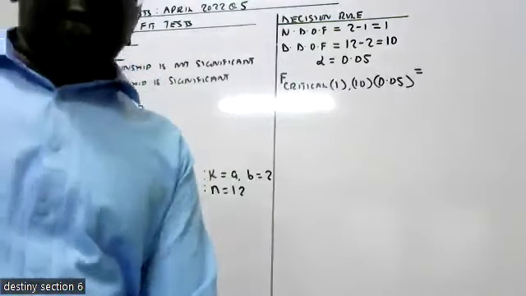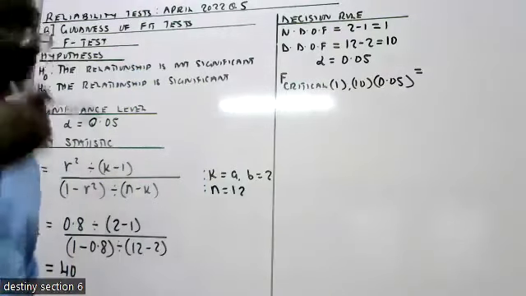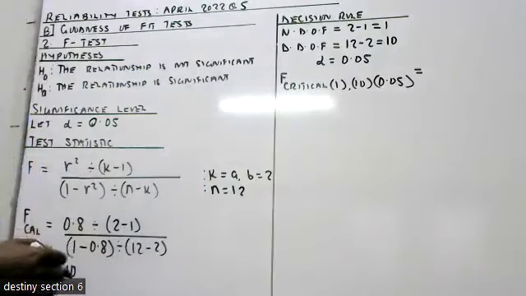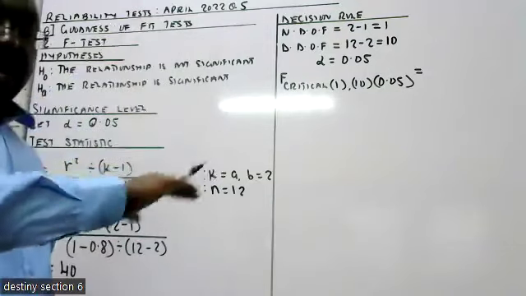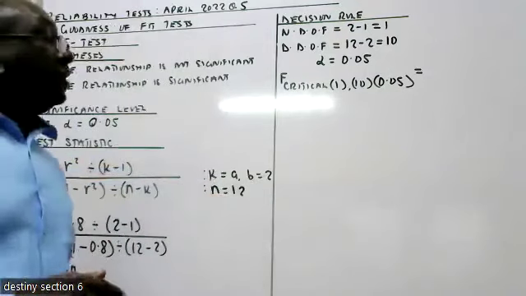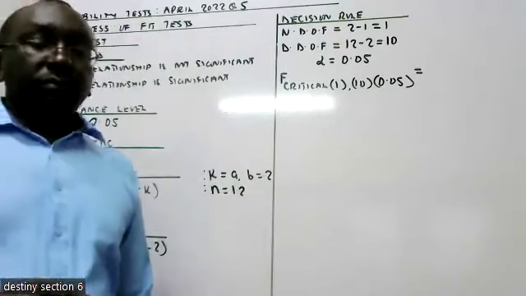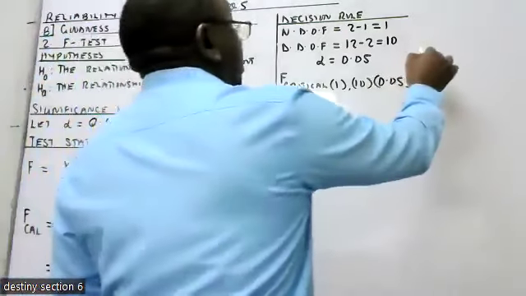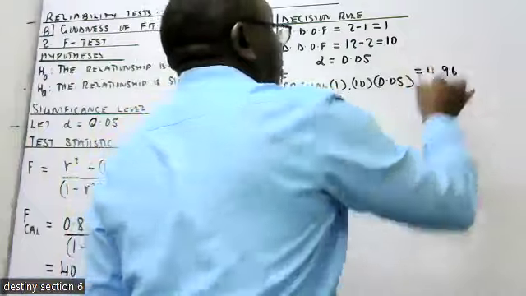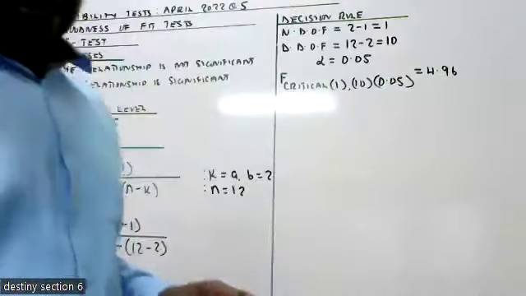Type for me so that I see that we are together. What are you getting when you get column 1 and number 10 of the F tables? Yes, good, Audrey. 4.96.